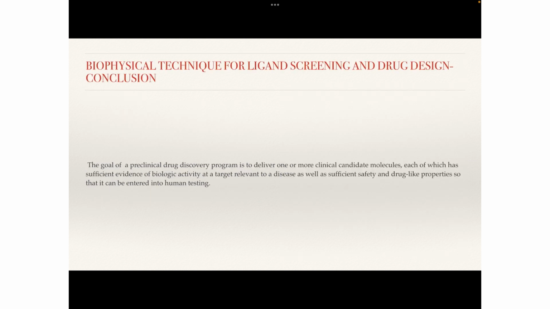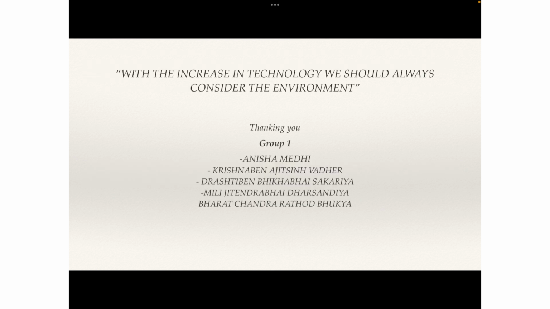The goal of the preclinical drug discovery program is to deliver one or more clinical candidate molecules, each of which has sufficient evidence of biologic activity at a target relevant to a disease as well as sufficient safety and drug-like properties so that it can be entered into human testing. That is all.